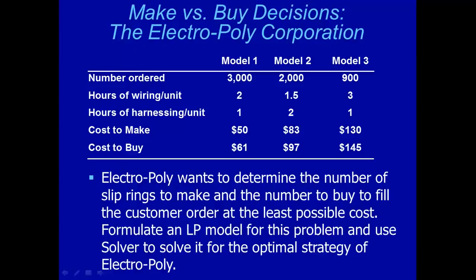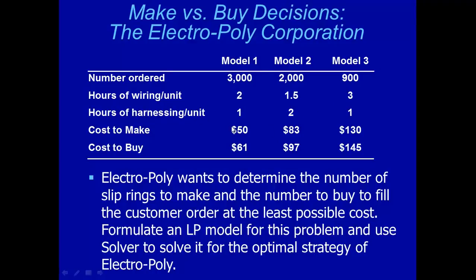Now let's look at this table. It looks like the customer ordered 3,000 Model 1 rings, 2,000 Model 2 rings, and 900 Model 3 rings. And it takes 2 hours of wiring time for a Model 1 ring, 1 hour of harnessing time for Model 1 ring, and so on and so forth.